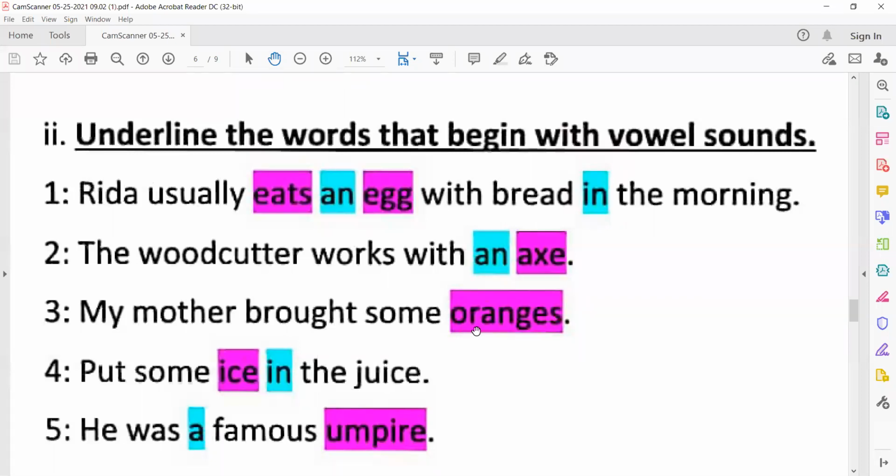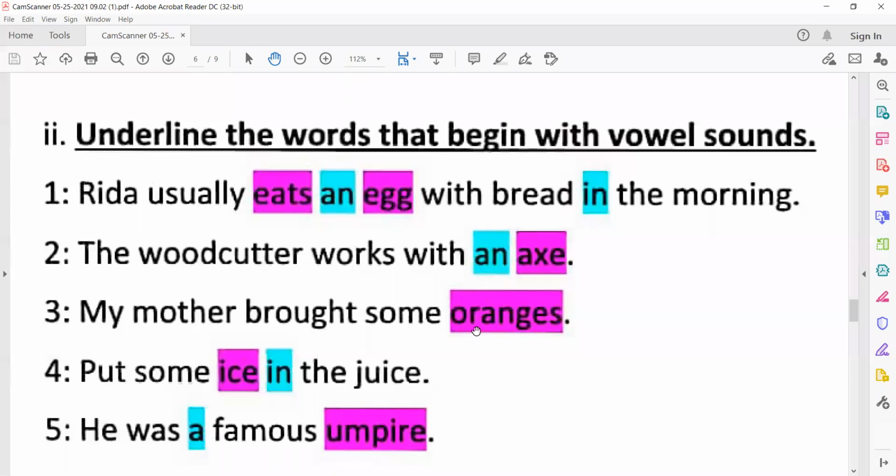Look at the word oranges. It gives us an O sound. This is a vowel sound. O is a vowel sound. So we have to highlight those words in a sentence which are giving us a vowel sound.